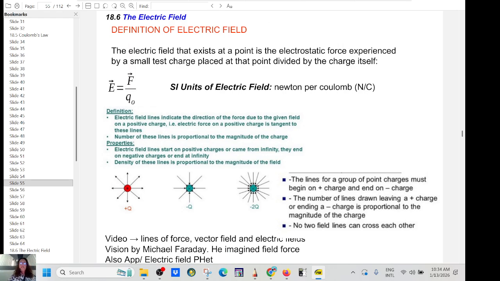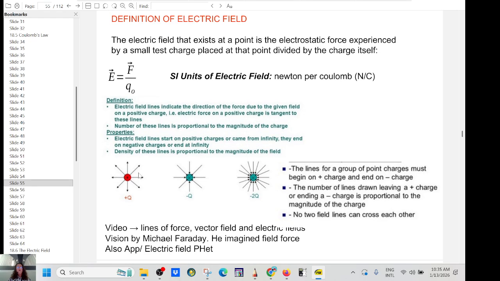Okay, so here, the electric field you can think of as the electric force per unit charge. That's how we represent the electric field. You double the charge, you double the electric field lines, so the electric field will be stronger, more packed here. It goes as an inverse square law.